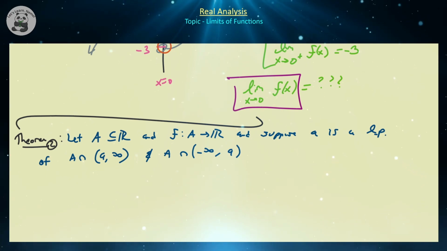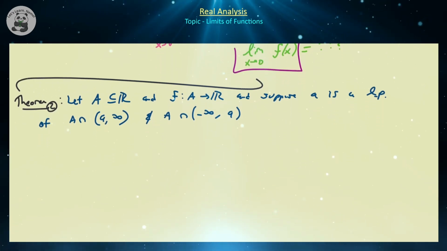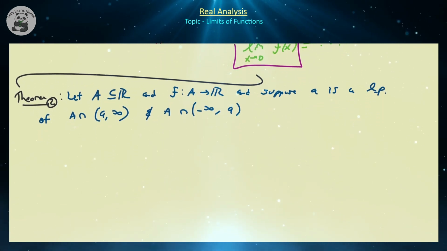Because if a is a limit point for both the left and the right-hand side of our limit value a, that establishes that the right and left-hand limits can both exist simultaneously, so we're safe, right? So what happens when the left and the right-hand limits are not equal to each other?